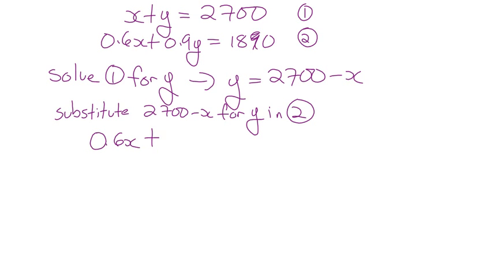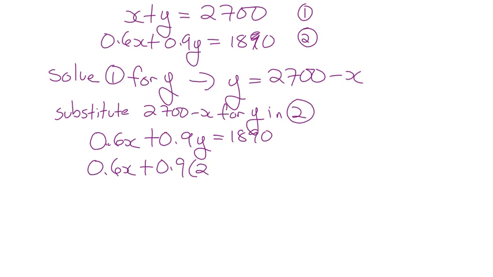Well, let's just write it out first. 0.9y equals 1890. Okay, now let's do the substitution. So 0.6x plus 0.9 times 2700 minus x is equal to 1890.